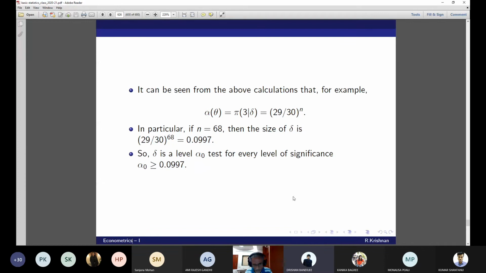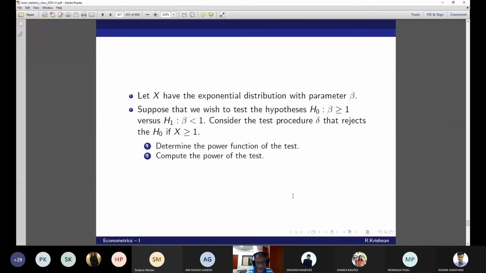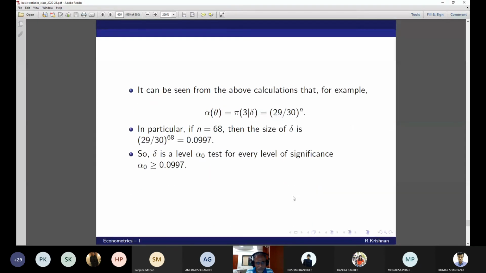Sir, this is the p-value only, which we have calculated, 0.09. Correct. Now that you are asking me this question, let me say it. I just want to break this p-value slowly. P-value is the smallest significance level at which you can reject the null.